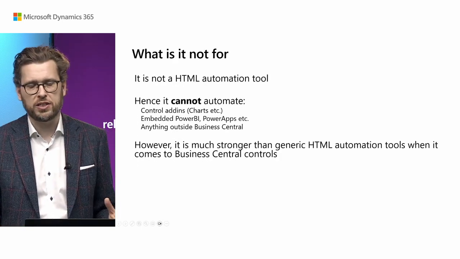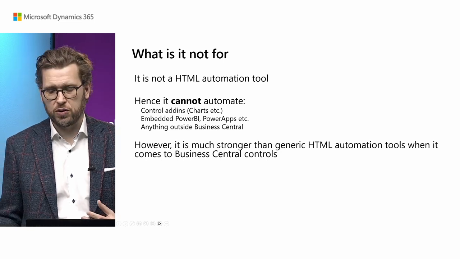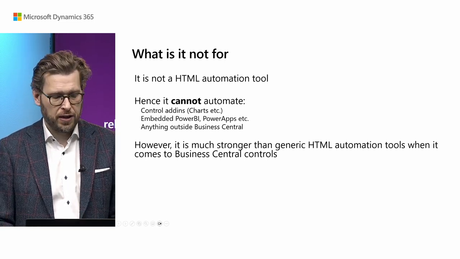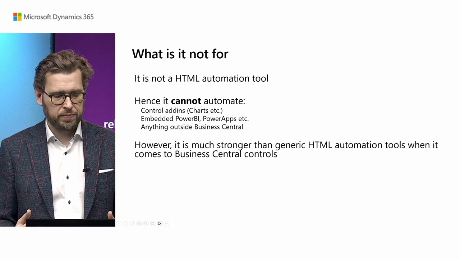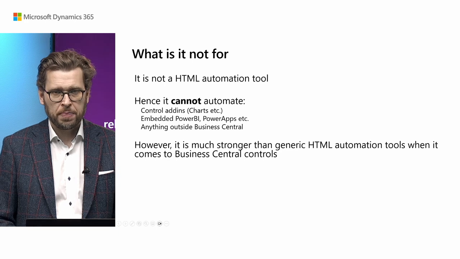And then it's super important to mention: what is this tool not? Because you might be familiar with just general test tools for web pages, HTML automation tools. And this is not an HTML automation tool, right?